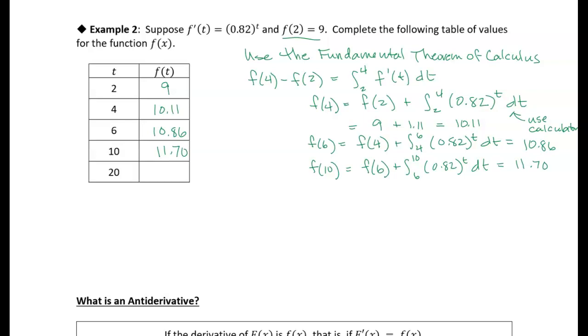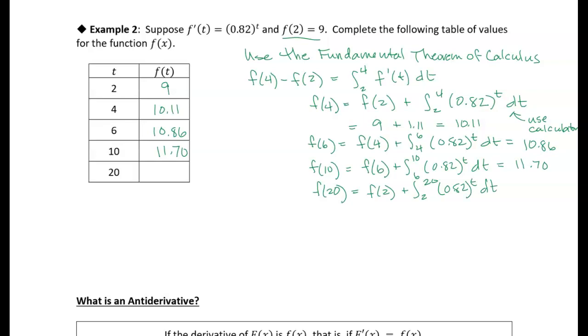Okay, and then the last one, f of 20, is just going to be f of 10 plus the integral. Now I could use f of 2 if I wanted to. Maybe I'll show you that. You could use any value that you know, but it'll change what you need to integrate. So for example, if I wanted to just use f of 2, then I have to add the whole area from 2 to 20 of 0.82 to the t dt.